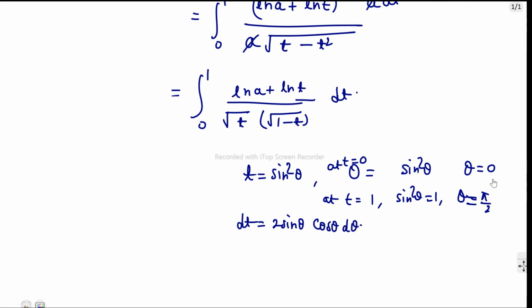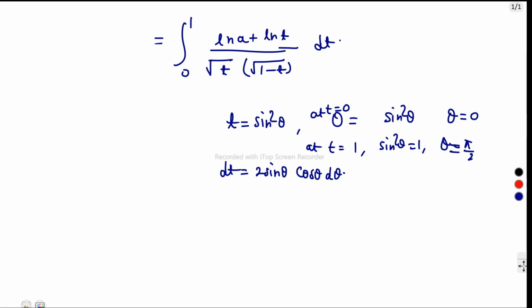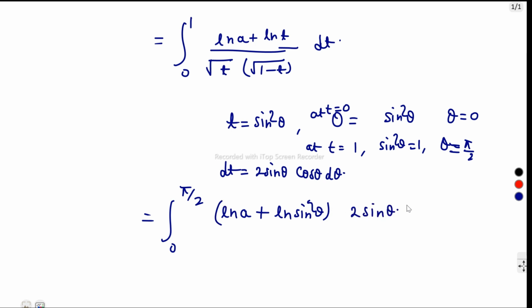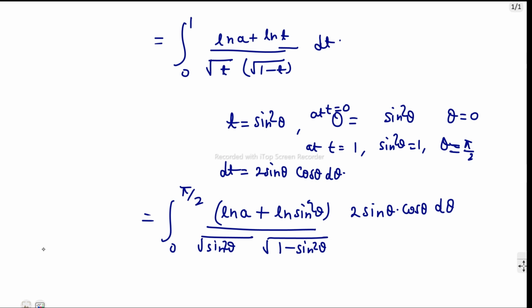So using these relations we can write this integral as integral from 0 to pi over 2 of natural log a plus natural log sine squared theta, times 2 sine theta cos theta d theta, over square root of sine squared theta, square root of 1 minus sine squared theta.